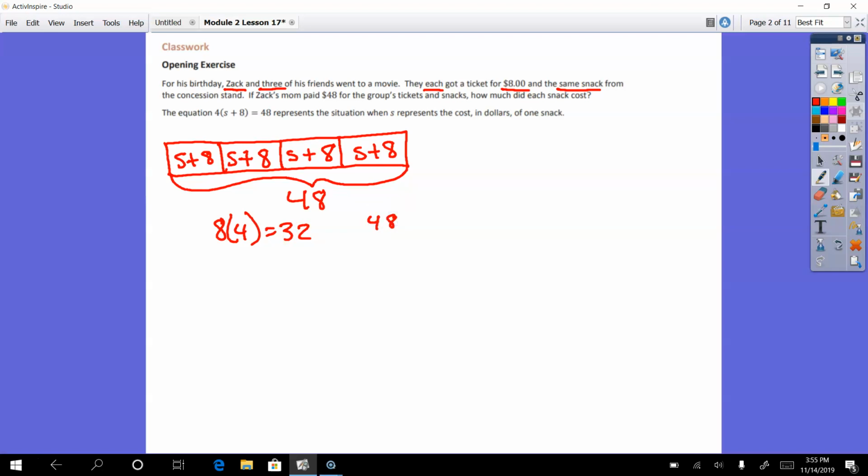The tickets cost $32 total, so we're going to take that away. 48 minus 32 leaves 16, so now we just have the S's left. So there are 4 S's, so we can divide 16 divided by 4. So each snack cost $4.